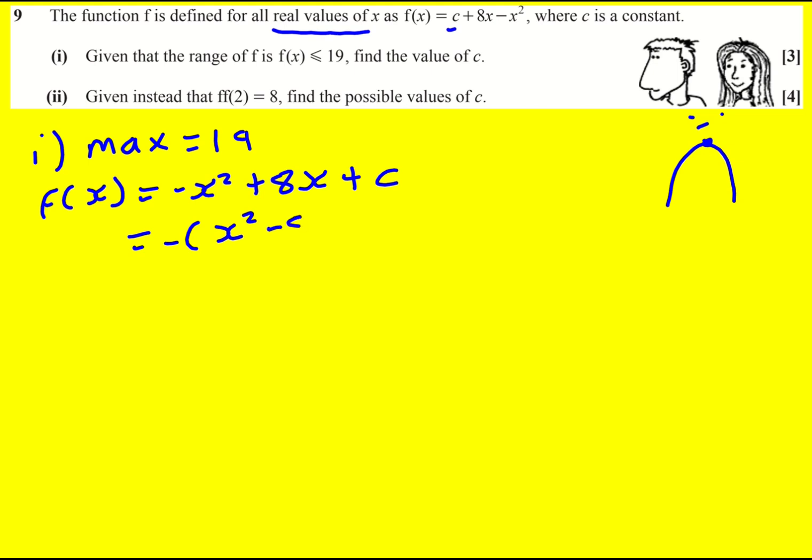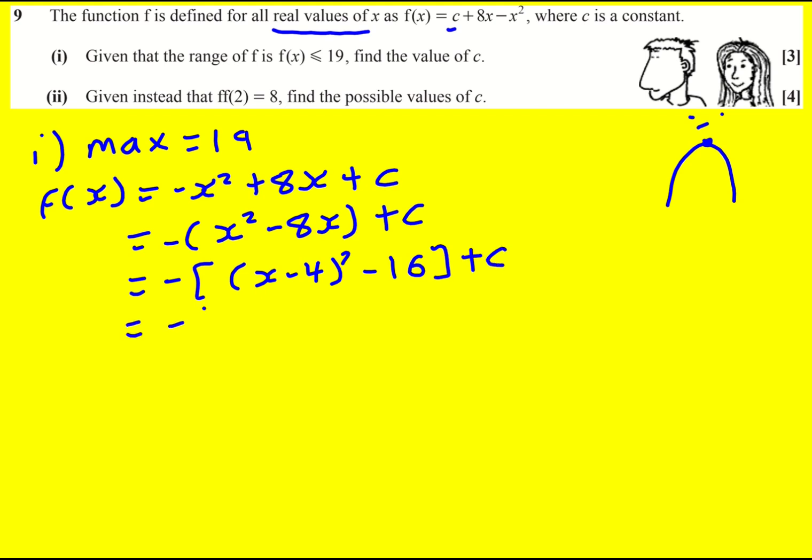So I'm going to get x squared minus 8x. Next I'm going to get x minus 4 all squared by halving that 8. I get x squared minus 8x plus 16, so I need to minus 16, which is going to give me minus x minus 4 squared plus 16 plus c.